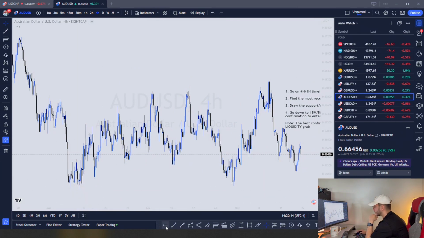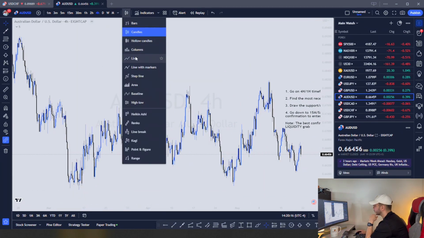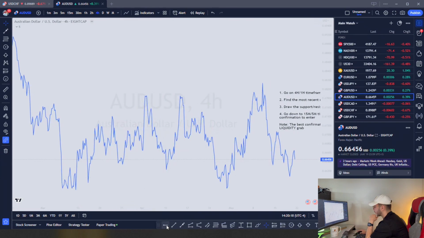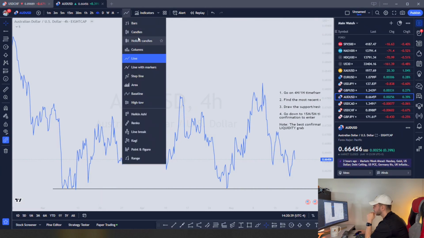So if I go on my line chart, I find my major support, which is right here. Look at this, 1, 2, 3, 4, and again 5 here. So 5 times that this support was held. This is where I would be interested to take my trade. Now I go back on my candlestick chart.